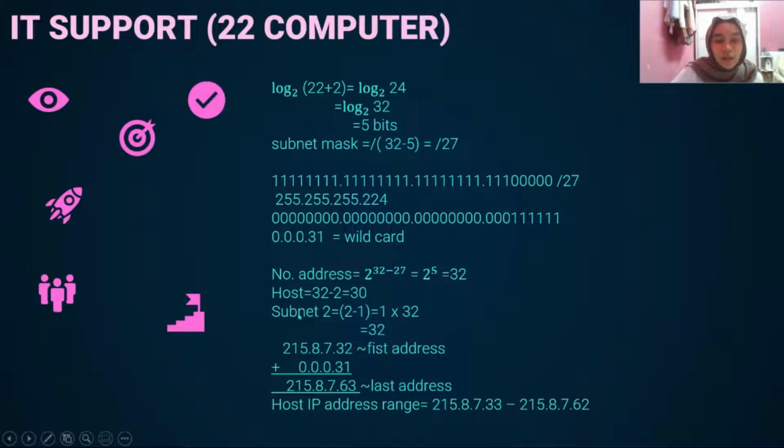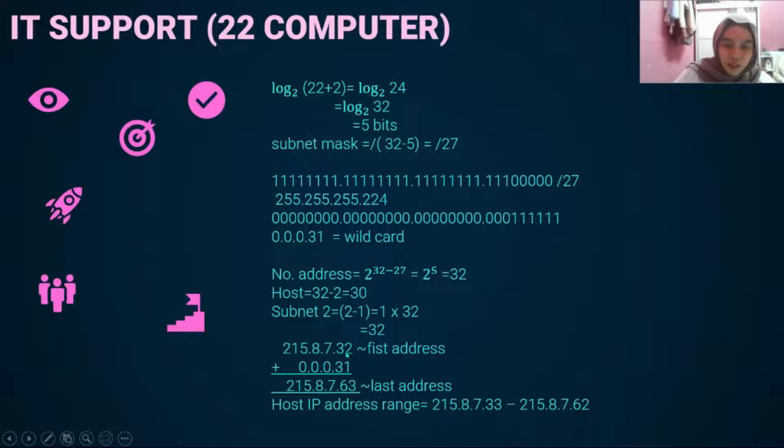And next, we are going to find the first address, last address, and host IP address range. Because this is the second subnet, we are going to put 2 minus 1. You will get 1, and then you're going to multiply with 32, which is the number of addresses, and you will get 32.